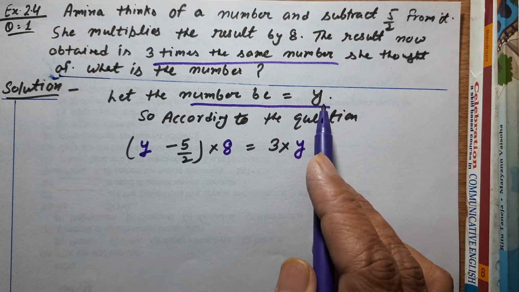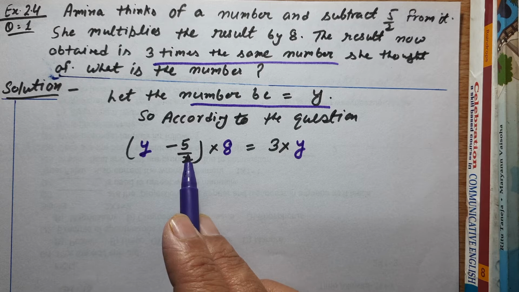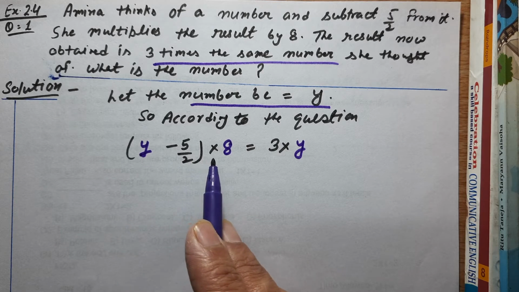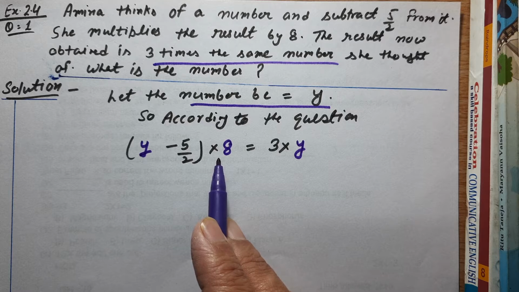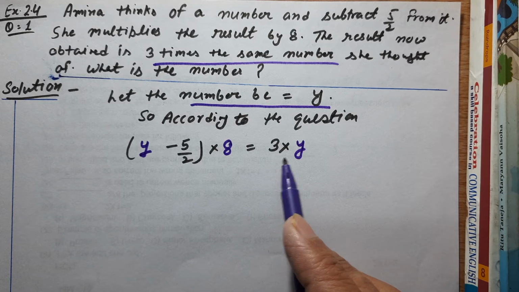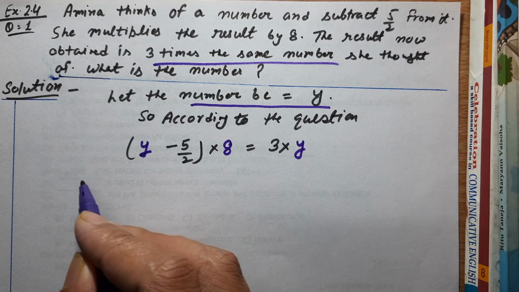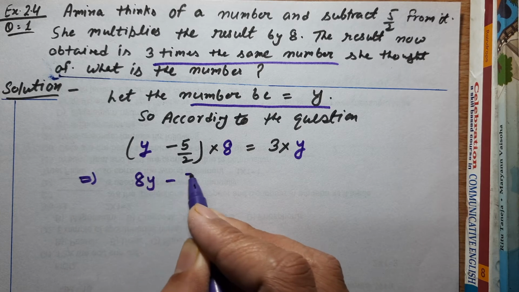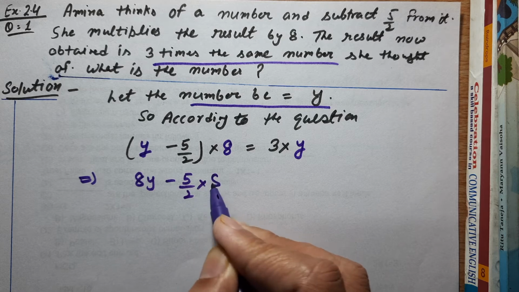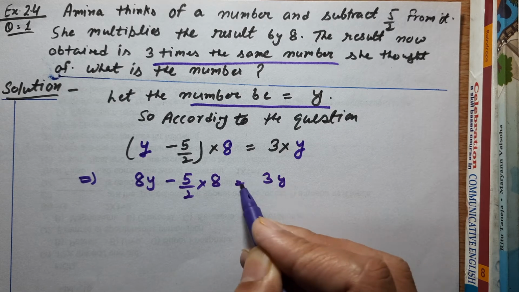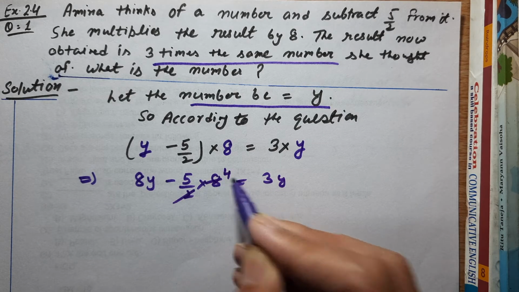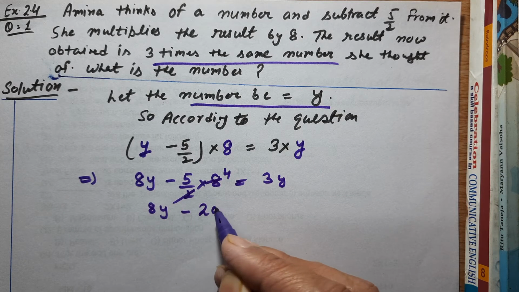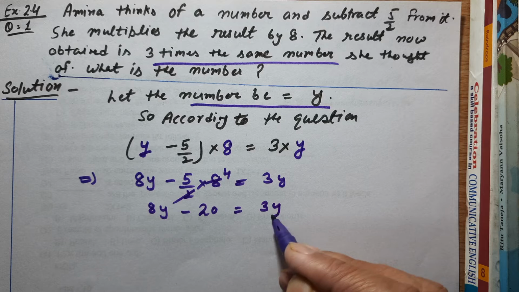She thinks of a number, subtracts 5 upon 2 from it, and multiplies the result by 8. And what result does she get? 3 times the same number. So according to the question, multiply 8 into y minus 5 upon 2, that is equal to 3y. 8y minus 5 into 4, 20, is equal to 3y.